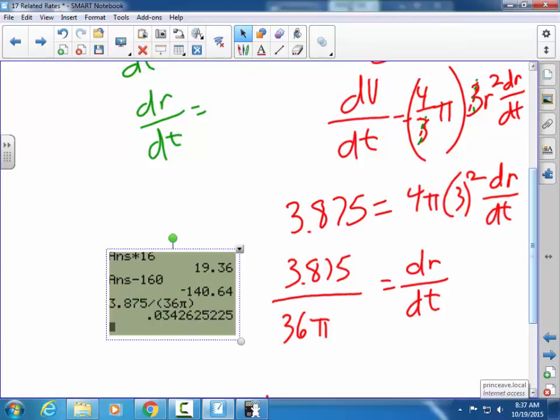Now, don't think about the math for a second. Think about real life. You're blowing up a balloon. As the balloon gets bigger, does dr/dt stay that number? Does dr/dt get bigger? Does dr/dt get smaller? Real life, not the math. The more you blow into it, the balloon's already yay big.